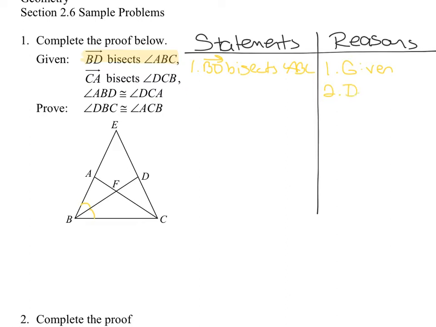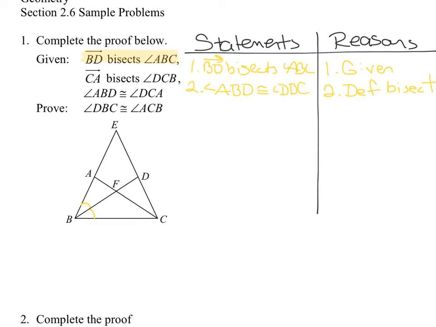Reason number 2 is going to be definition of bisect. Anytime you have a vocab word in your given, you're going to go ahead and say what that means. So because of that word, we said that angle ABD was congruent to angle DBC. So that's all from that first piece of the given.